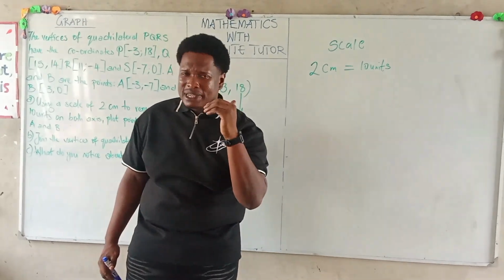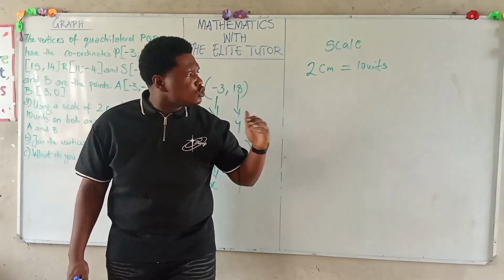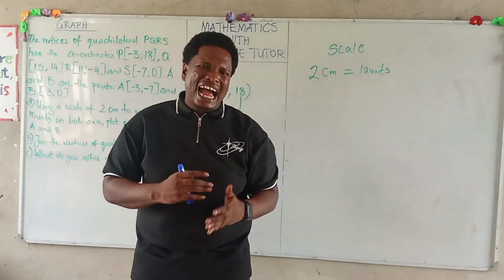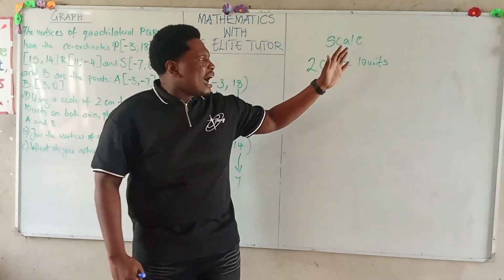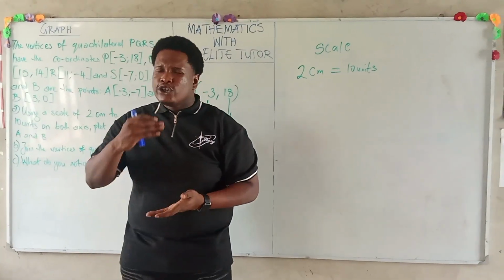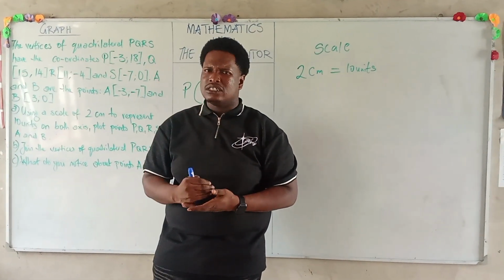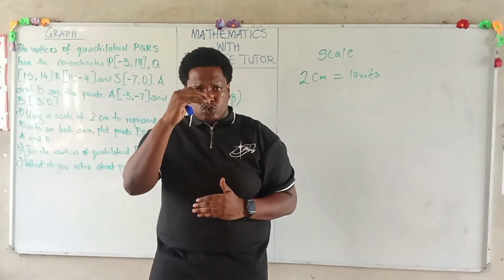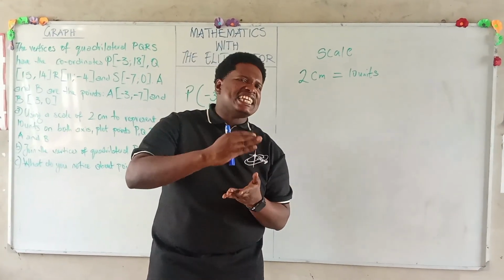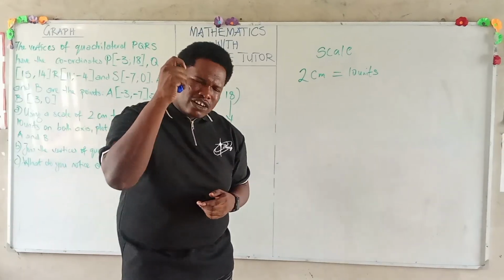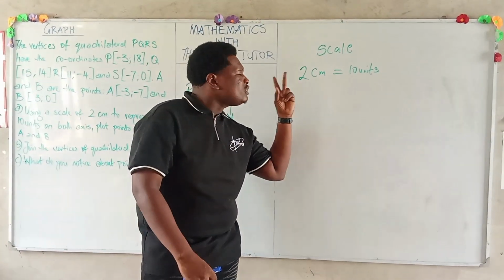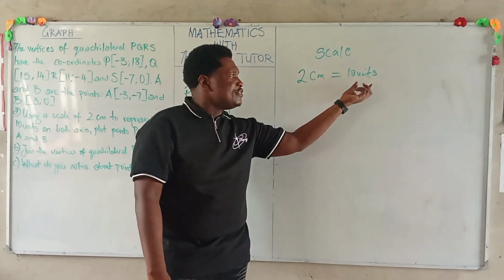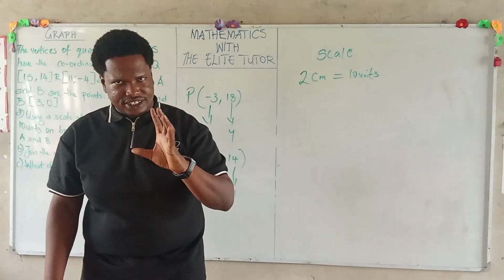It also tells us that on our x and y axis, the numbers are increasing by 10. So if our first point is 10, the next point will be 20. After 20, the next point will be 30. So they are increasing by 10. And for every 2 small boxes, that's 2 cm, it represents 10 units.